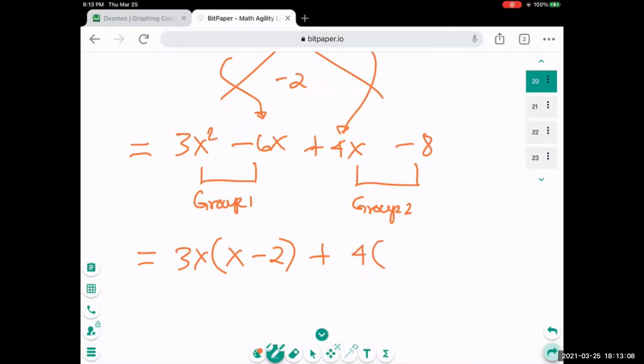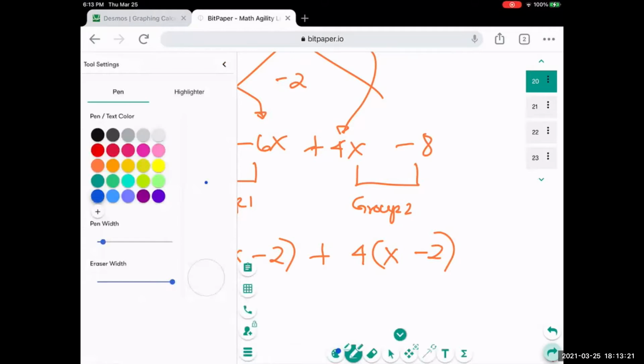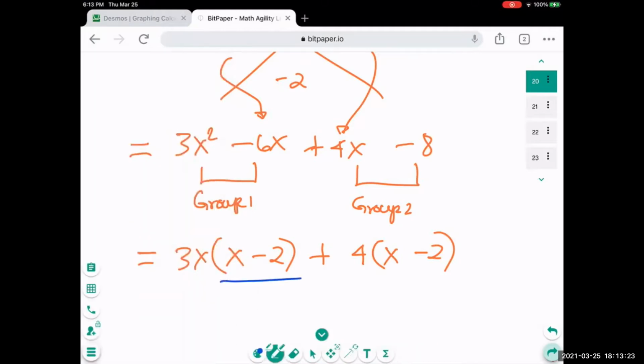So mapafactor natin yung 4. So ang matitira sa first term would be x minus 2, right? So makikita natin yung parehas na term, may common factor din siya which is itong x minus 2, di ba? Ito, tsaka ito. So, ibig sabihin, we can factor out yung common factor na x minus 2. So, finactor out natin, ang matitira would be 3x and then plus 4.